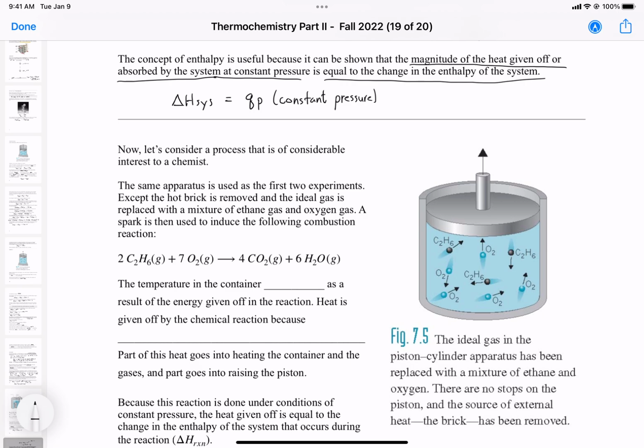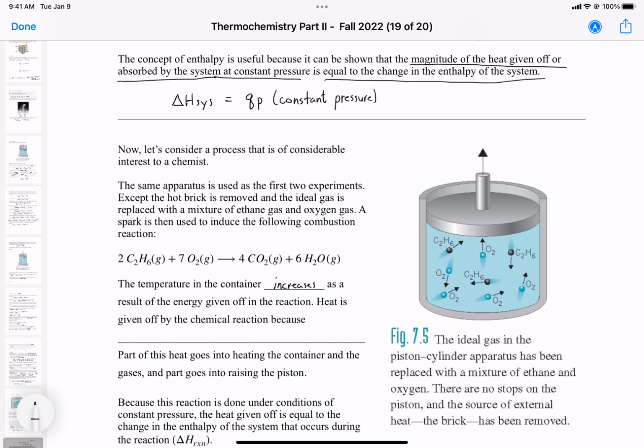Well, the temperature in the container will increase, right? Increases as a result of the energy given off in the reaction. So the temperature is going to increase because energy from the reactant is going to exit and be released to the surroundings, and that's not only going to increase the temperature, so that's not only going to be responsible for heat of reaction, but it's also going to be responsible for the work done.